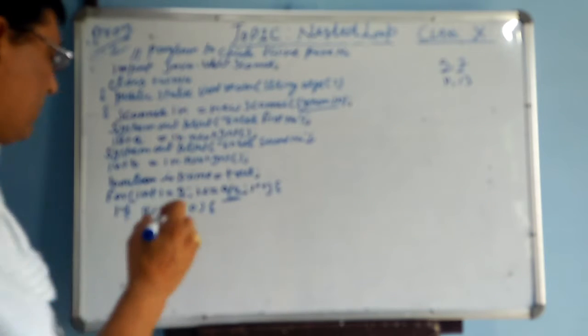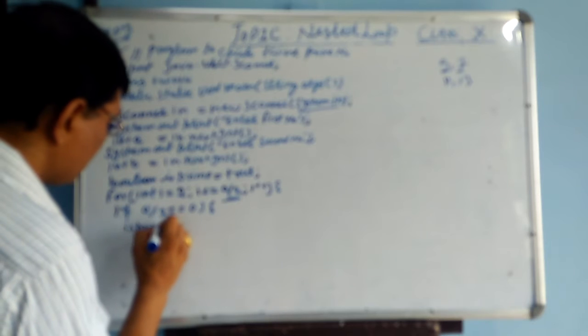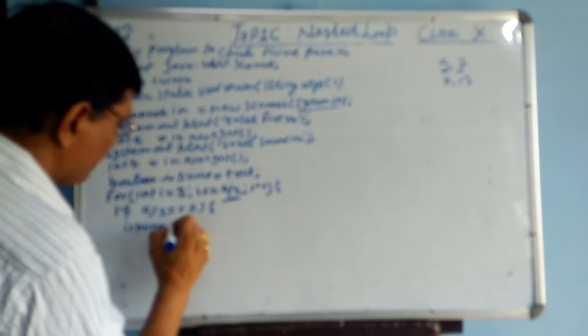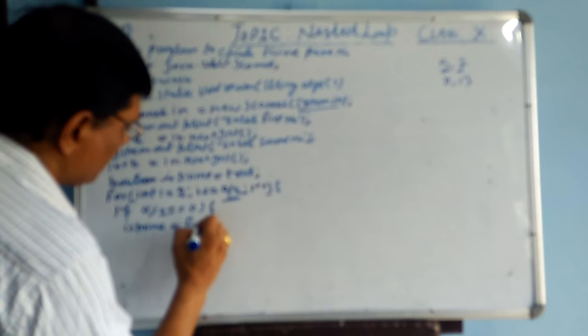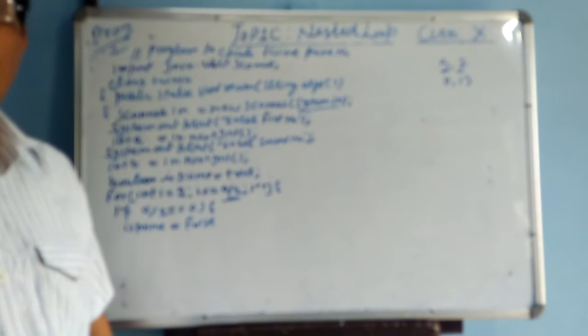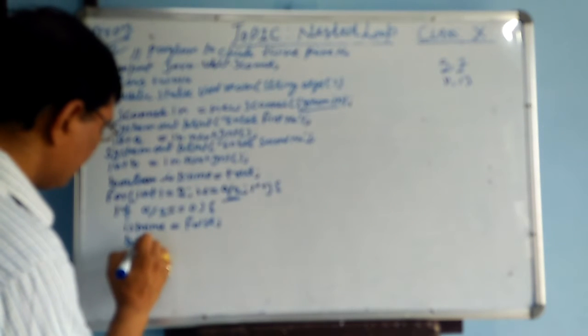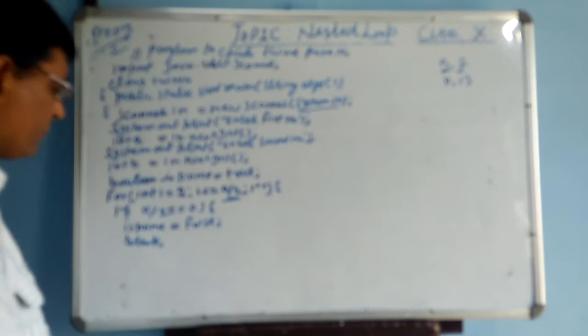So isPrime = false, and then close bracket. Clear?